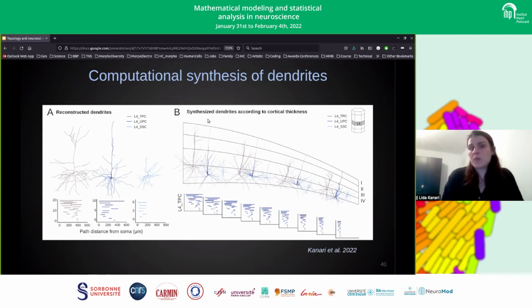As you can see here, we can start from a region in the cortex that's similar to where the cells were sampled from, and as we move along the cortex to smaller sizes, we make the barcodes smaller and smaller, and we can generate cells of all the different types that have similar branching properties but very different sizes. So we preserve the branching, but we change one component here, that is the size of the cells.